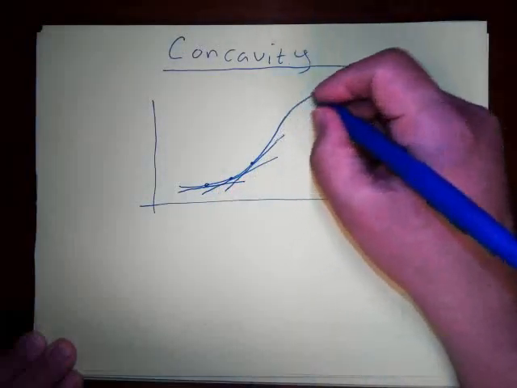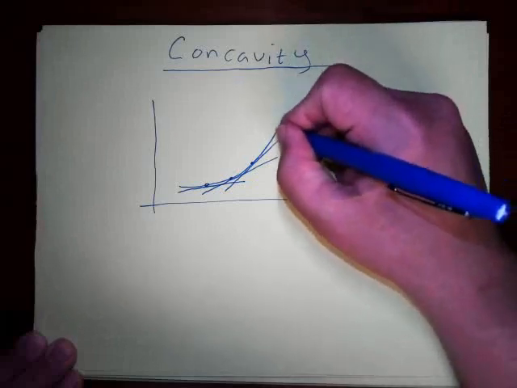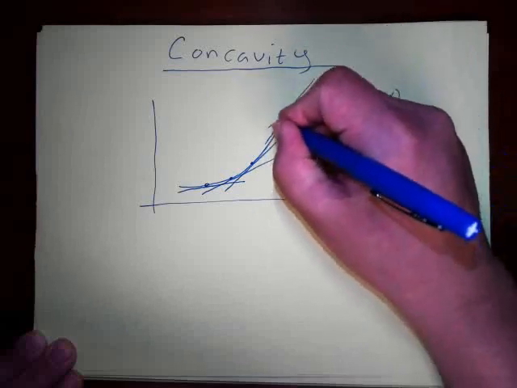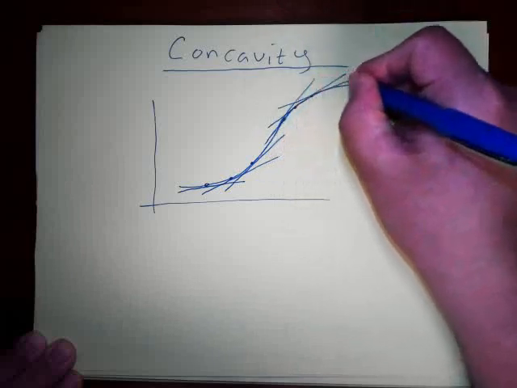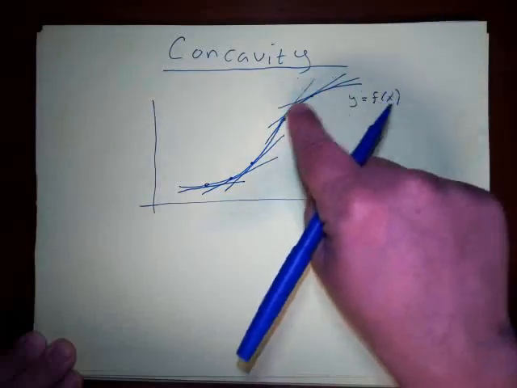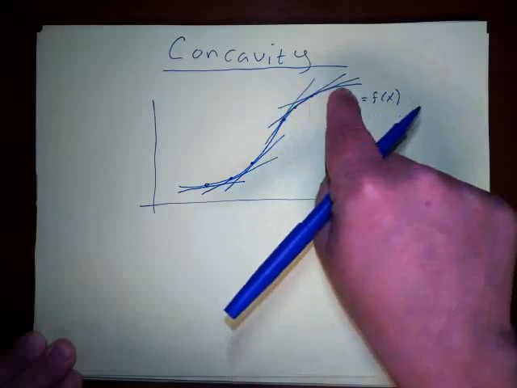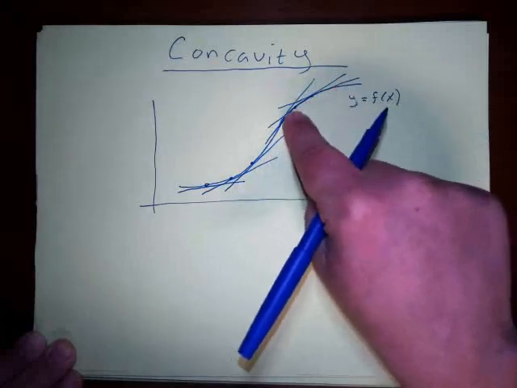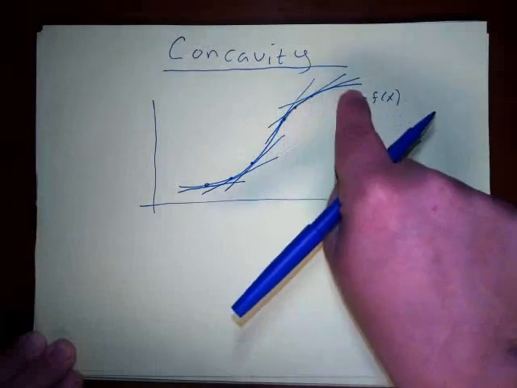But then when you get to this point where it's concave down, you get some tangent lines here, and what you see is the slopes of the tangent lines are decreasing, right? So in this concave down part, the first derivative is decreasing.